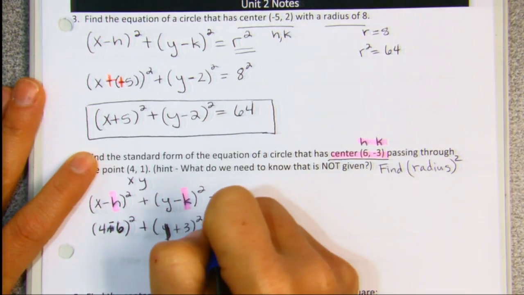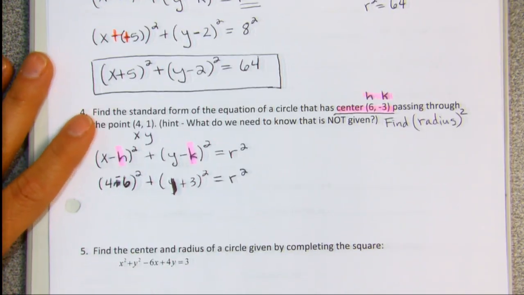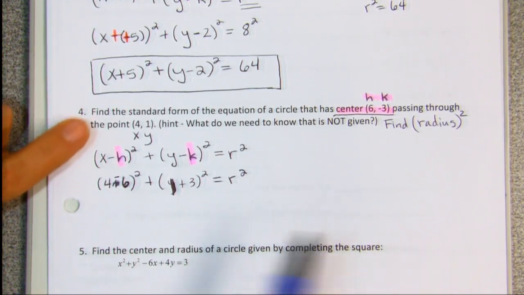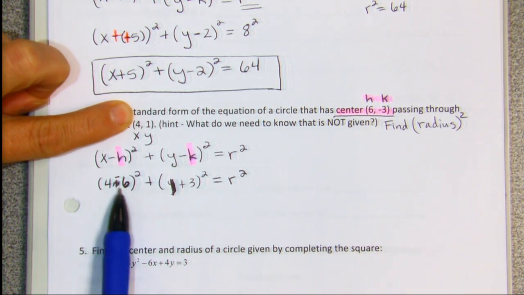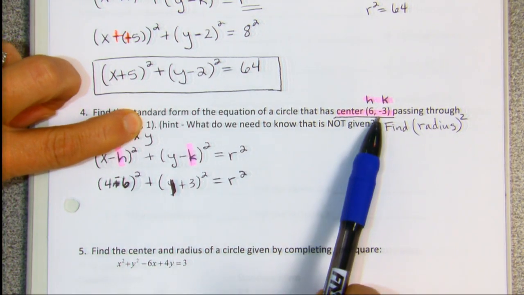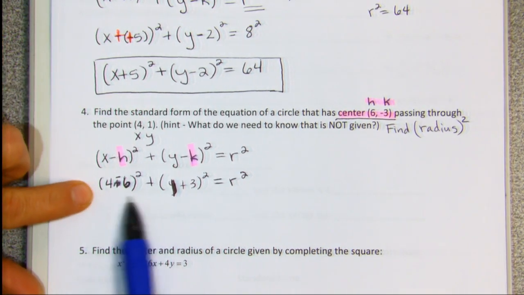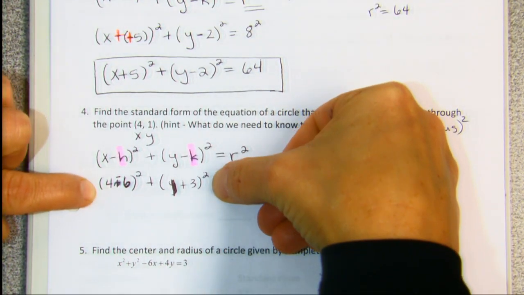And we don't know radius squared, though. So we're just plugging in x was 4, and the opposite of 6 is minus 6. Y is 1, and the opposite of -3 is plus 3. Then we can do this math, and technically you could type all of that into your calculator from left to right if you want.